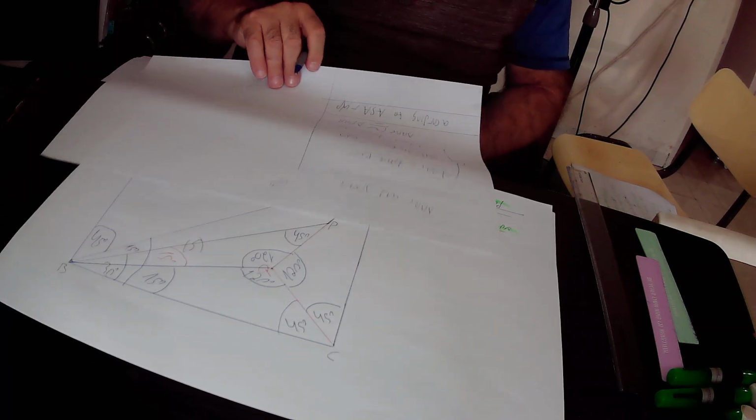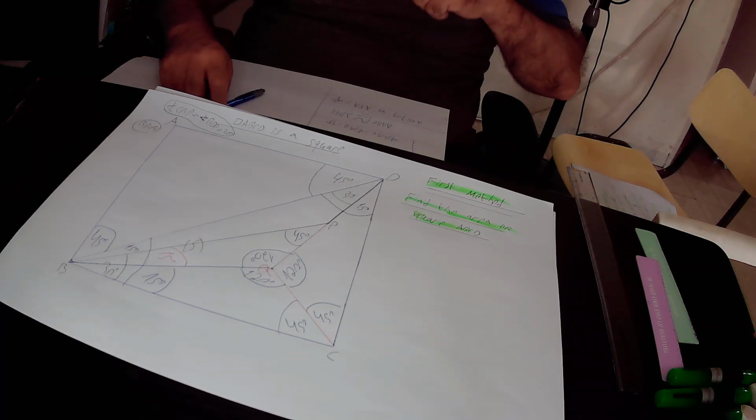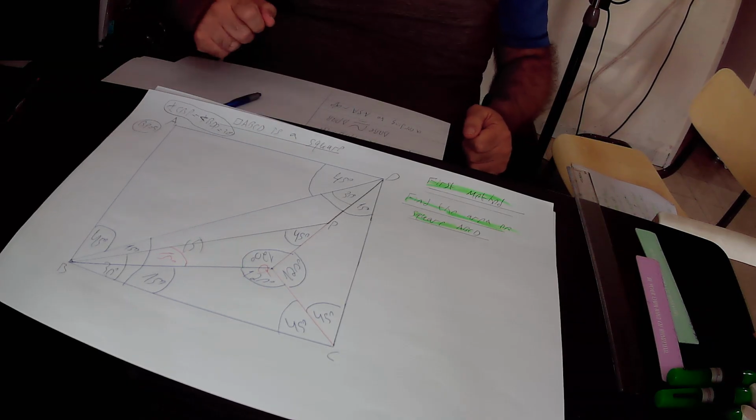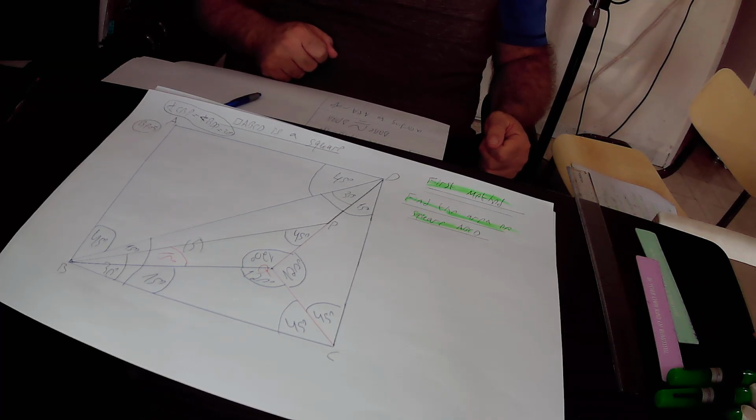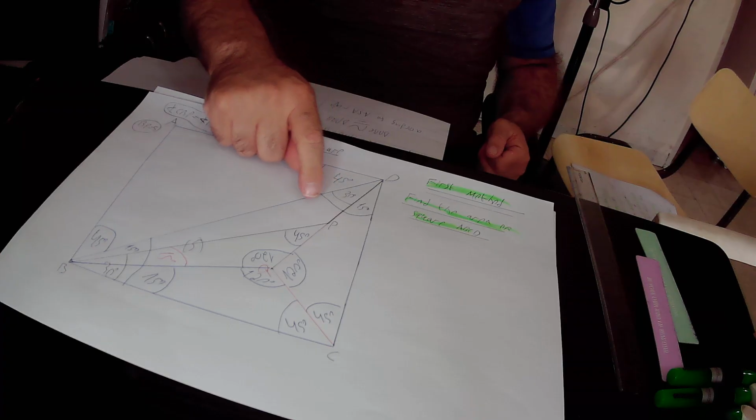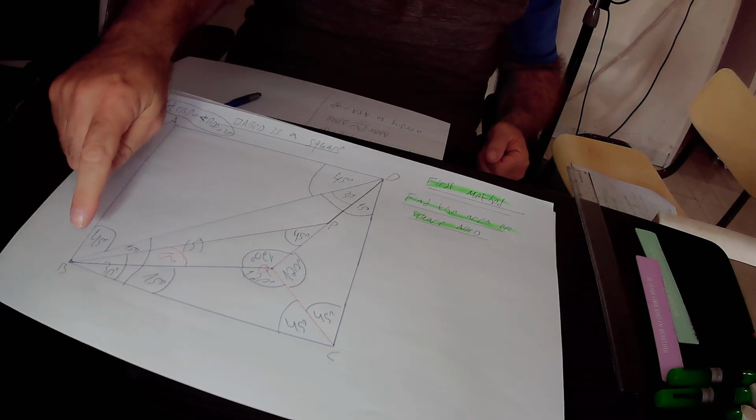And from the fact that those two triangles are congruent, we realize that the corresponding sides are also equal to each other. That is to say, PB equals BC.